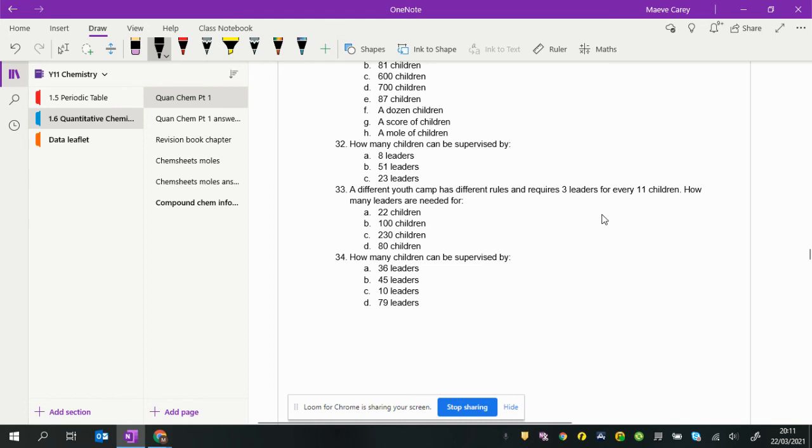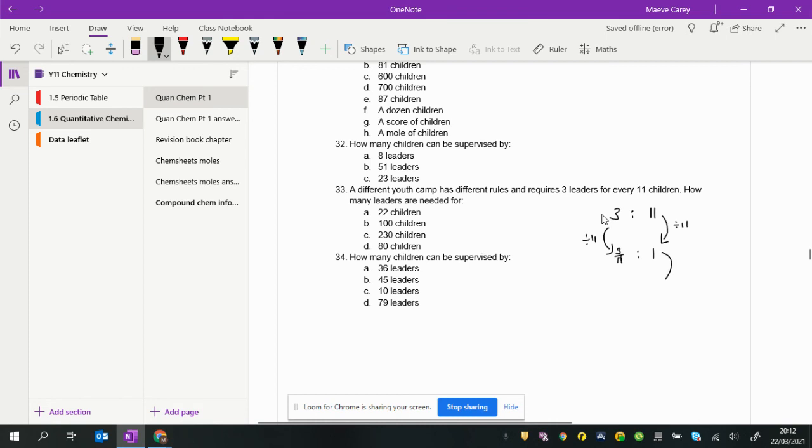Now for question 33, I'm just going to show you how to do this and then you can carry on with it. This time it's 3 to 11, so slightly more difficult. Again, we're just dividing, because we want it as a ratio of something to 1. So we divide the children by 11, and we also divide the leaders by 11, so it's 3 over 11 to 1.